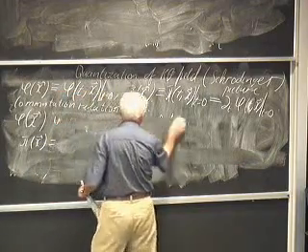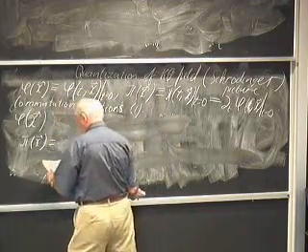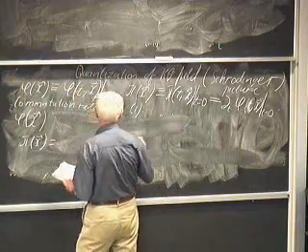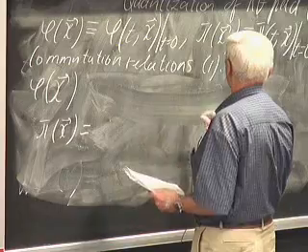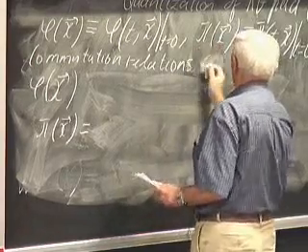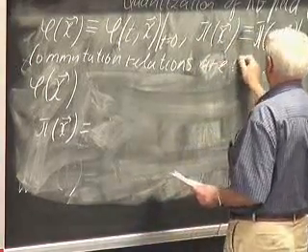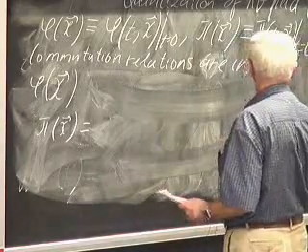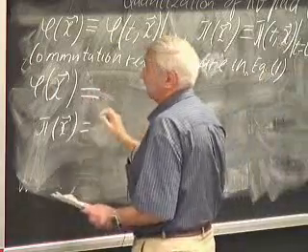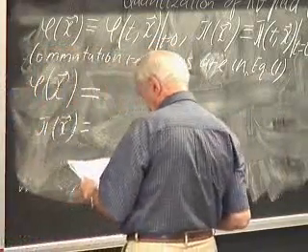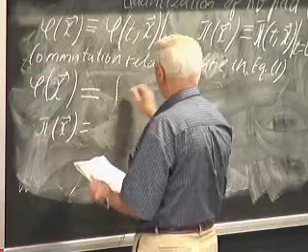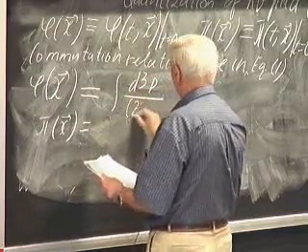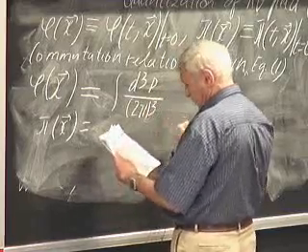So I will write pi of x and phi of x in equation 1. Just take t equals 0, and we have d3p over 2 pi cubed.